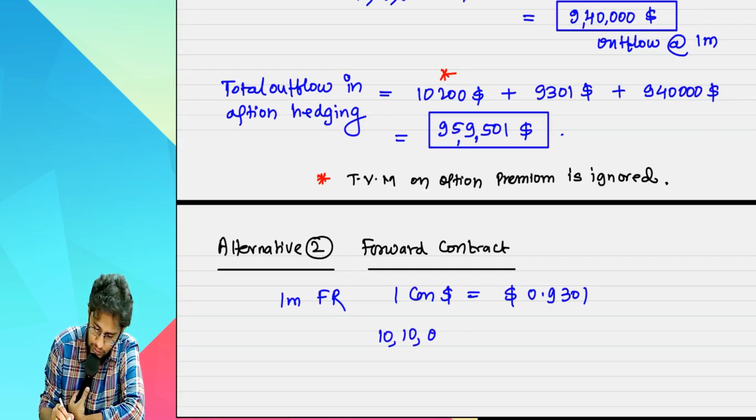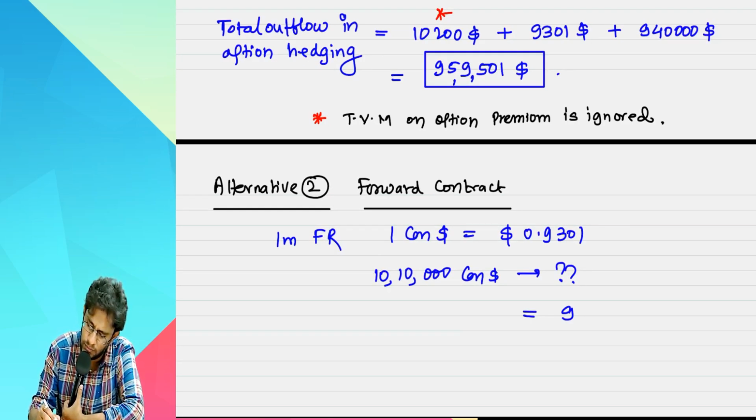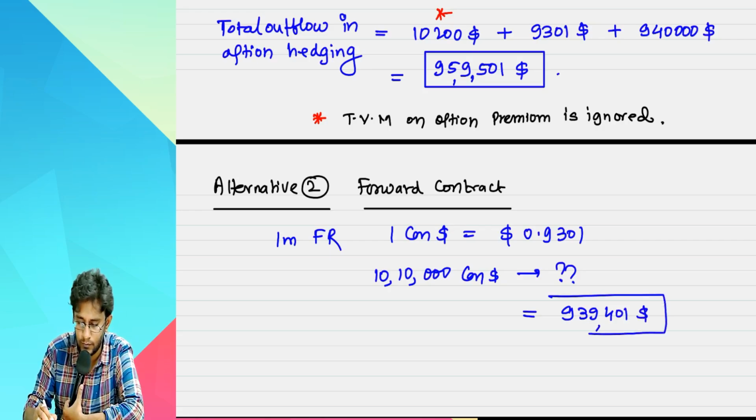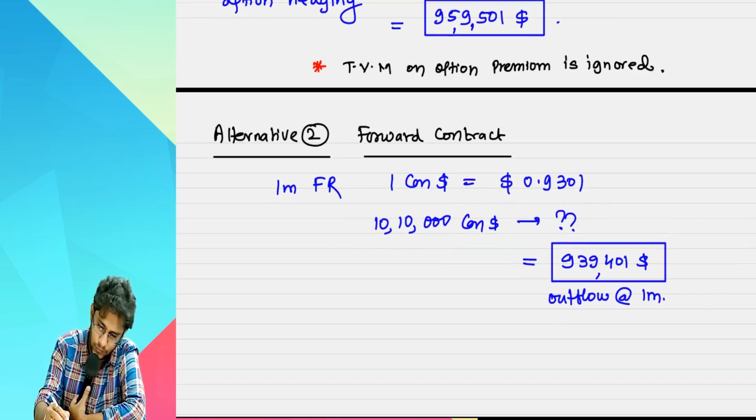You have to buy 10,10,000 CAN dollars. Sort out this. That's it.